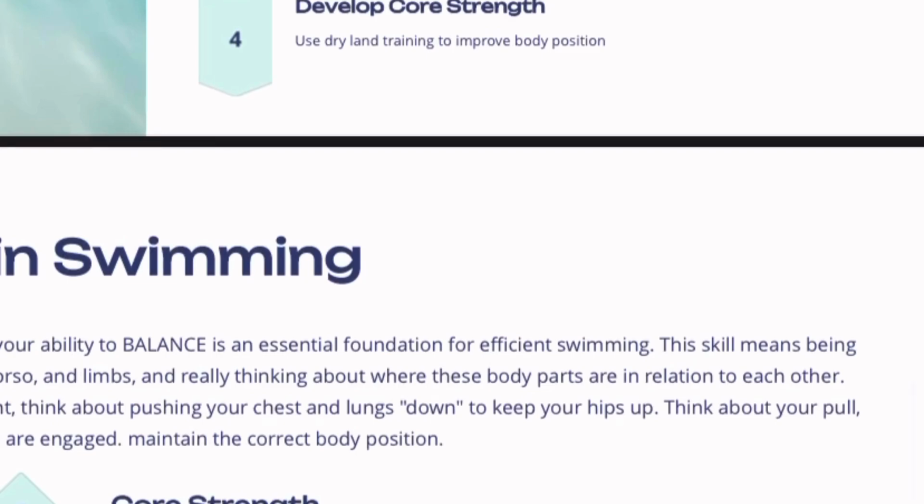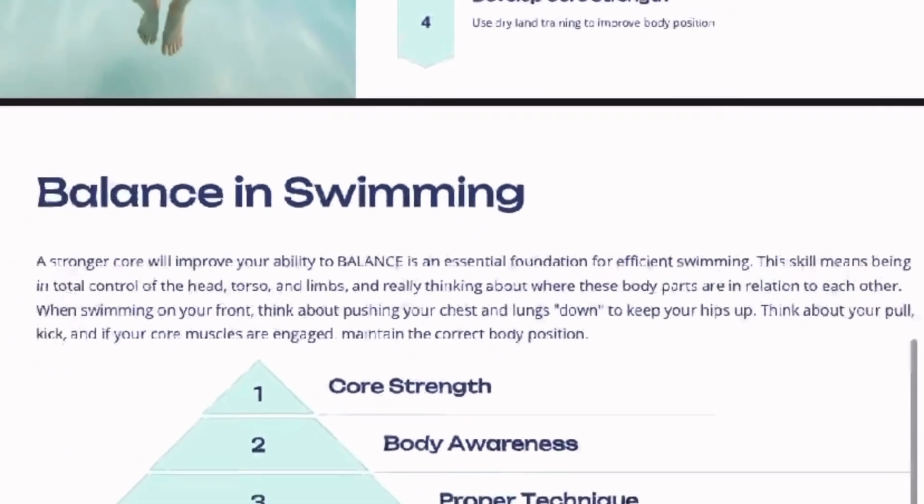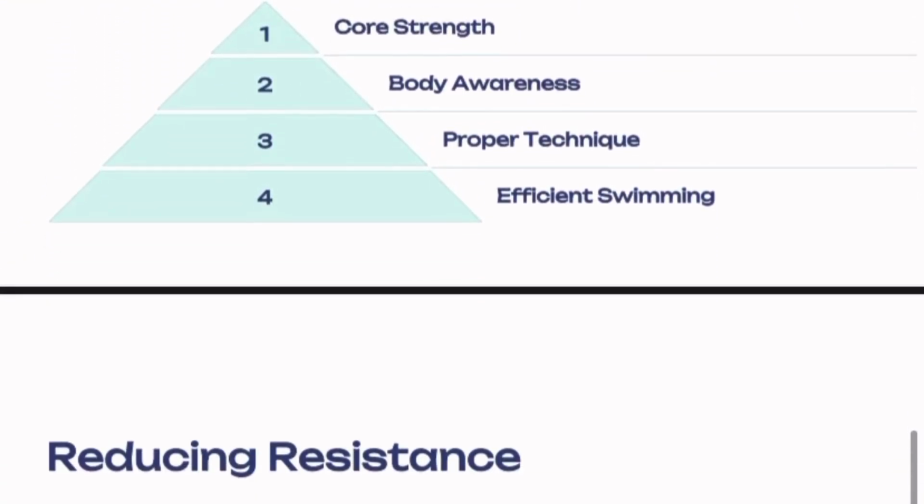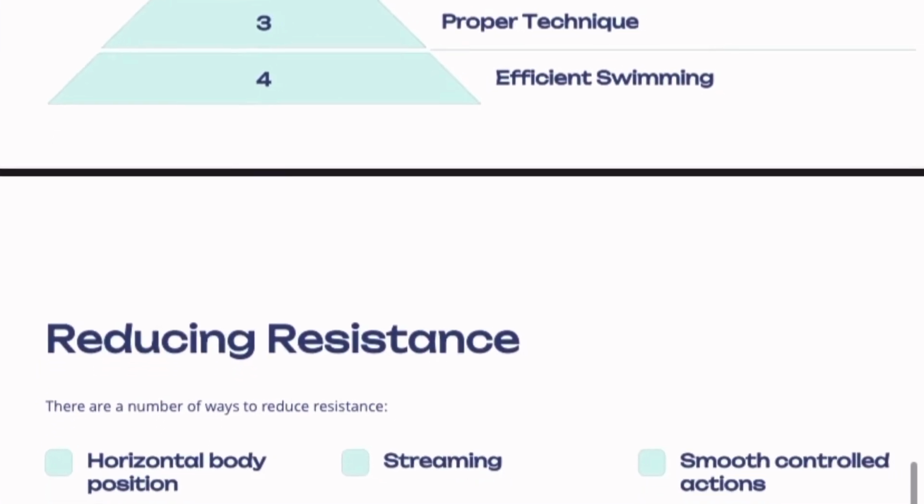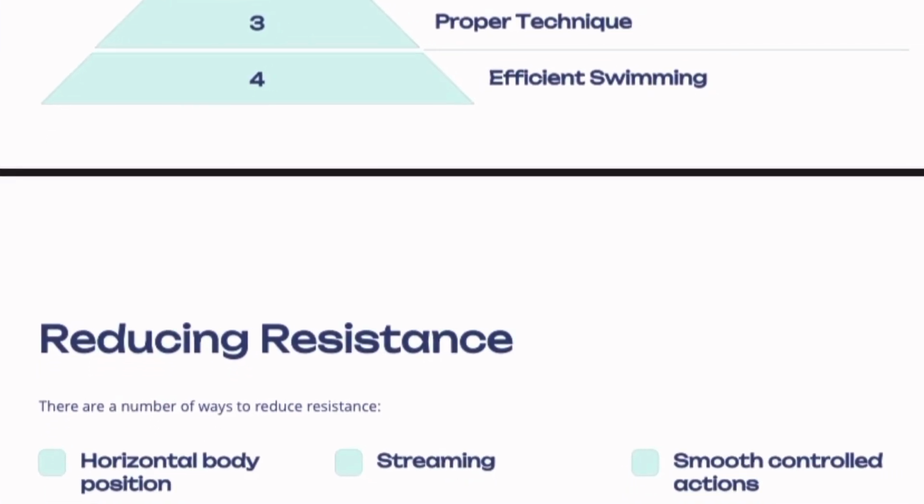So next is the balance in swimming. A stronger core will improve your ability to balance, which is an essential foundation for efficient swimming. This skill means being in total control of the head, torso, and limbs, and really thinking about where these body parts are in relation to each other.